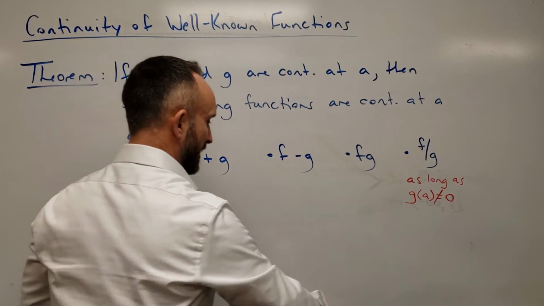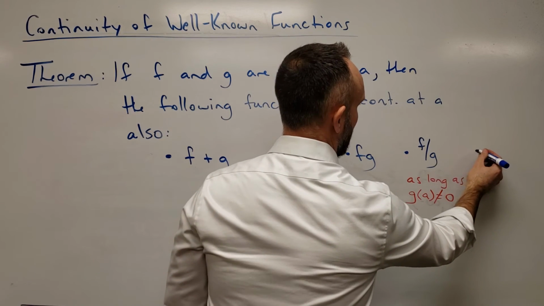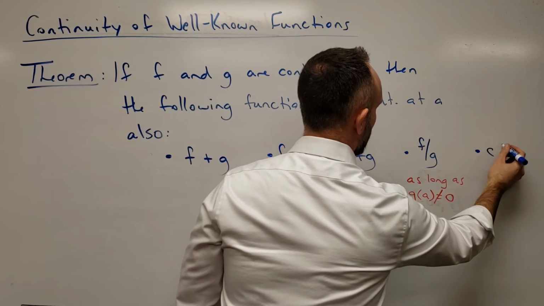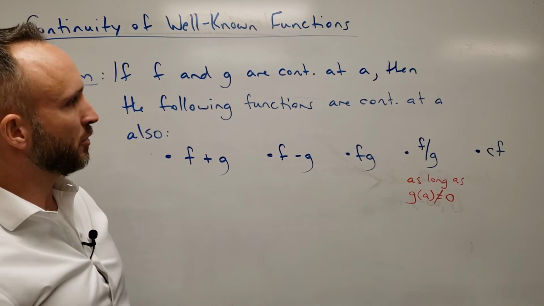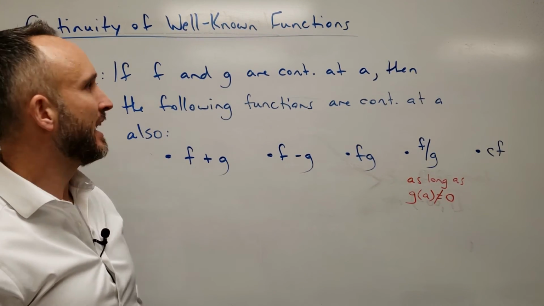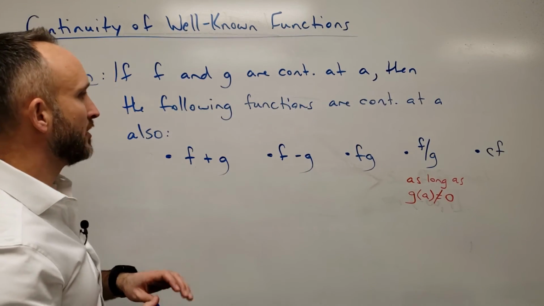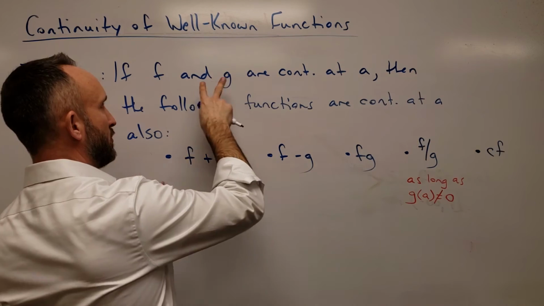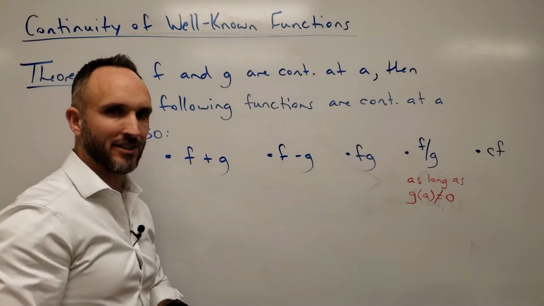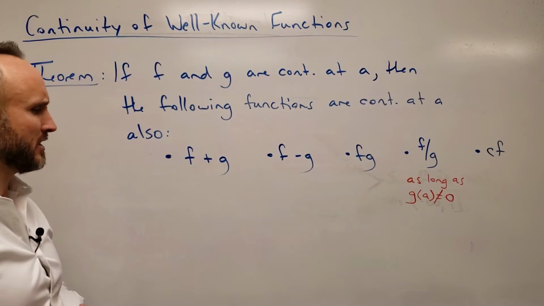And lastly, any constant c times f, or c times g, will also be continuous at that given a value. So really, any arithmetic combination of the two continuous functions will also be continuous. Very nice to know that. Makes it very simple.